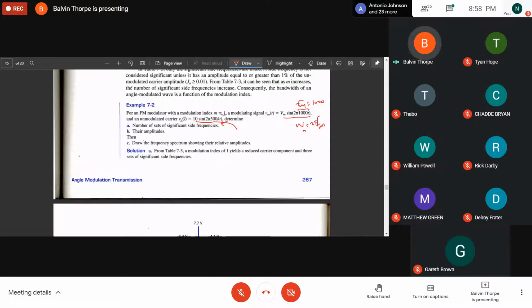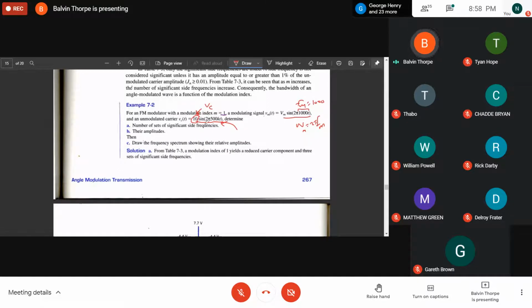This will be the carrier. This is the amplitude of the carrier, so in our case, VC. That's the amplitude of the carrier, right here. And then in the bracket would be the angular frequency of the carrier.